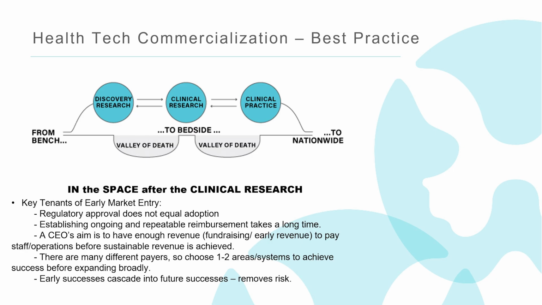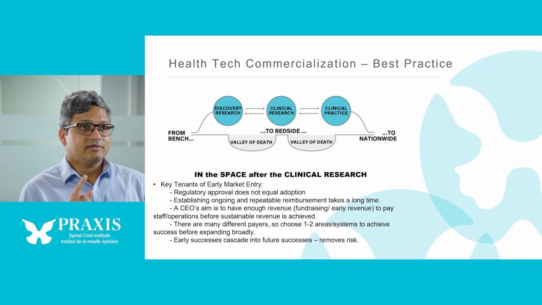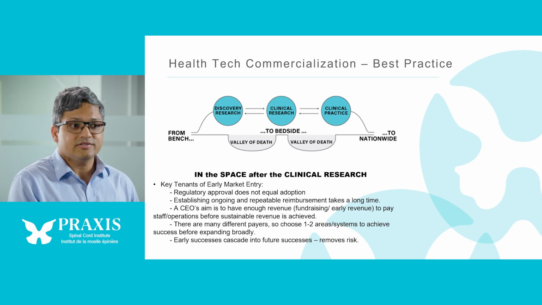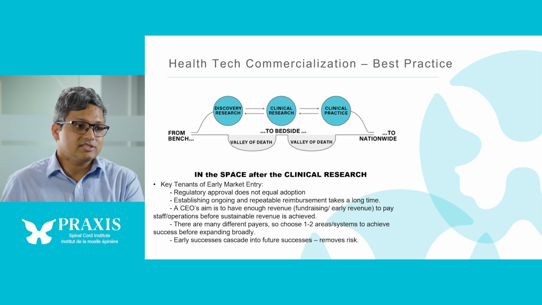And one thing about payers is that you should target maybe 1 or 2 payers to test out your model before you look at broad acceptance. Because once you have the approval from 1 or 2 payers, then other payers take note and start following through. It is about identifying that early adopter, both in terms of your clinicians as well as your payers.